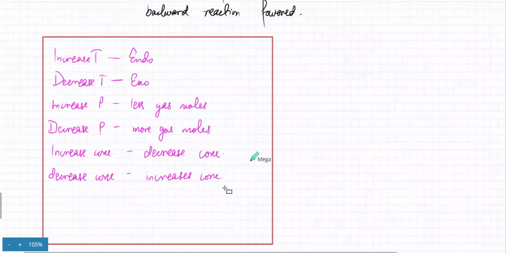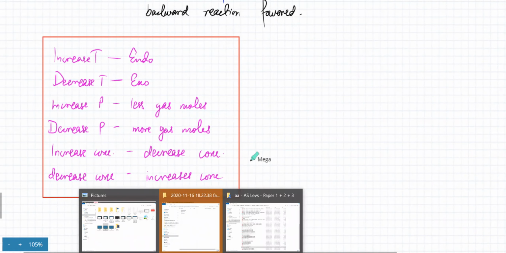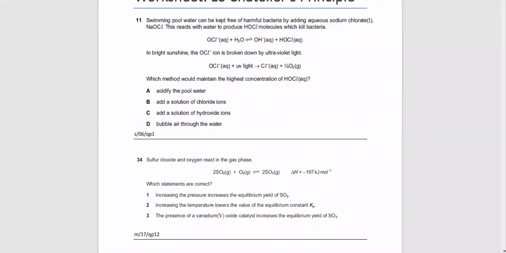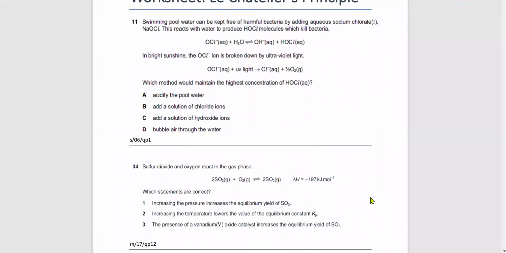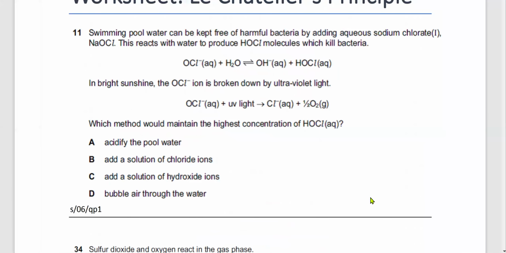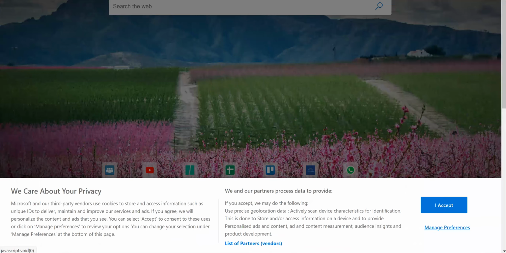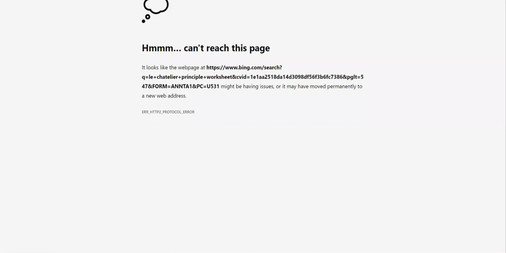So these are your rules, and we're going to look at the questions now of Le-Chatelier principle. This is a worksheet on Le-Chatelier principle, and we're going to start with the first one. As the questions are not going to be very straightforward, there might be just 1 second.